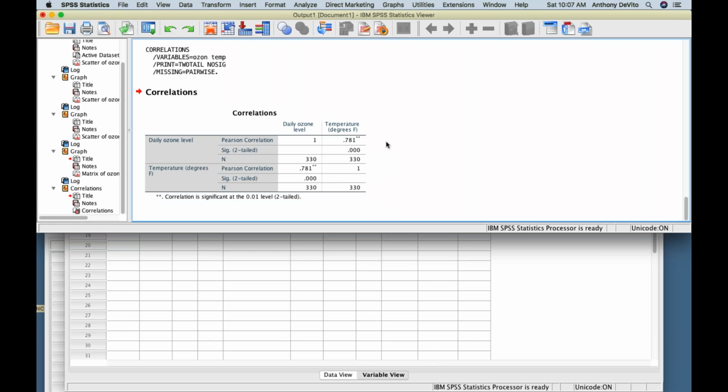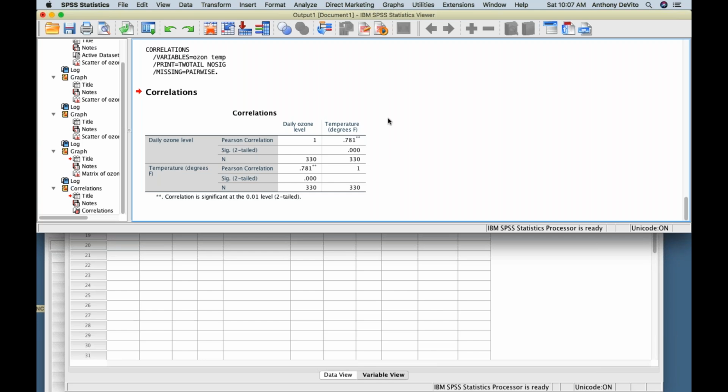Now, is it statistically significant? Well, let's take a look at it. The probability of this happening by chance is 0.000, which is not really 0, it's less than 0.001. Right, so that's how SPSS is going to describe it. So what does that statistical significance mean? Well, remember, just like everything else, we have a null and an alternative hypothesis.